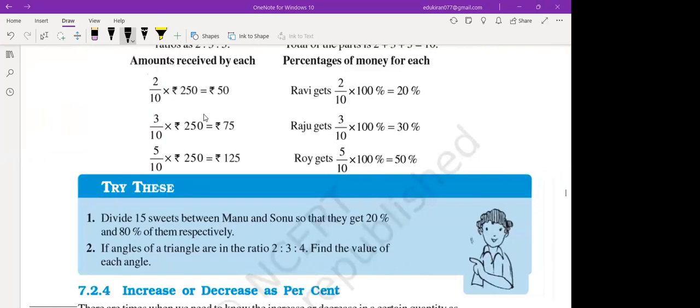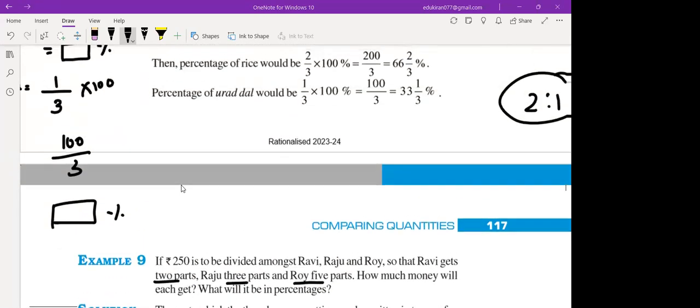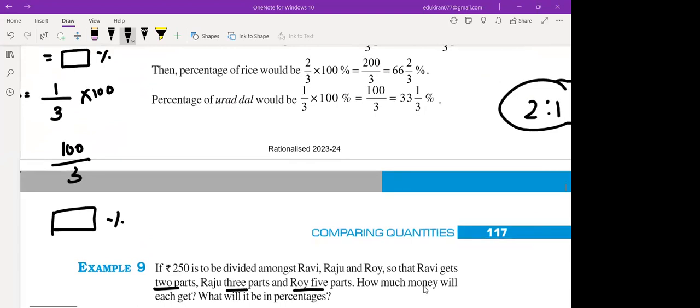Now, this is the first question. You have to find how much money they will get, plus you have to find the percentage. So first you will find how much money they will get for all the 3 students, Ravi, Raju and Roy. Right? First you will write Ravi, you will find the answer.